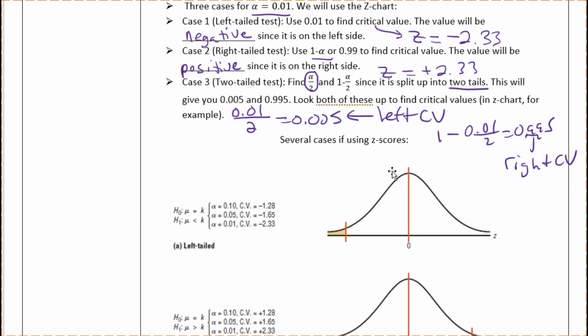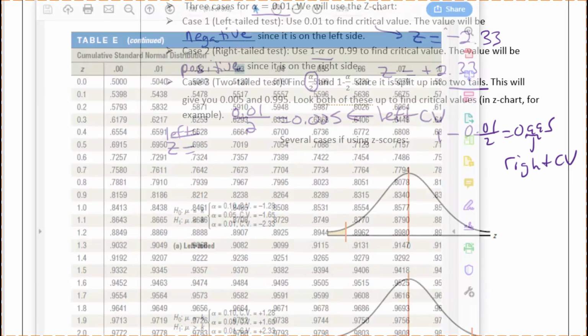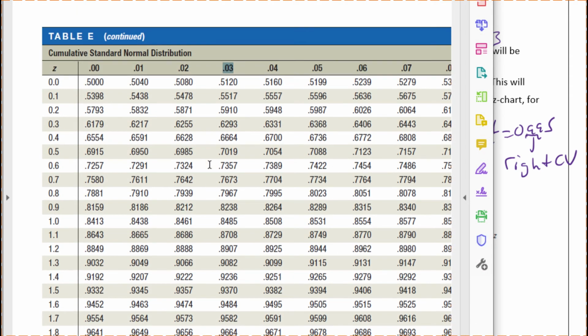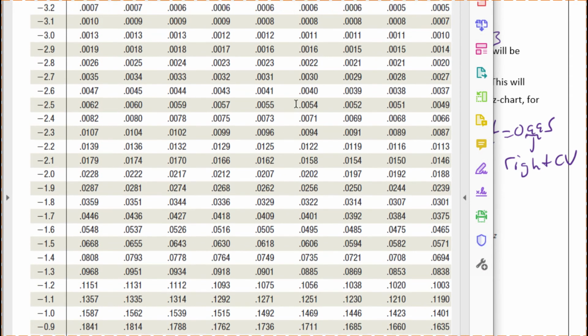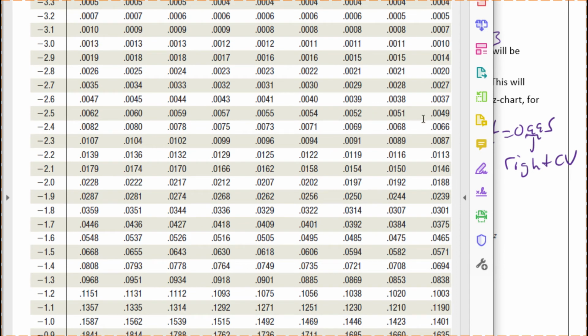If we were to look up the left critical value in the z-chart, 0.005 is between these two.